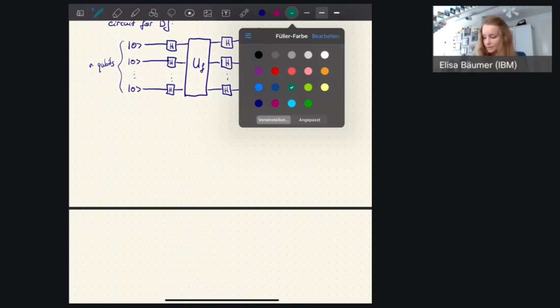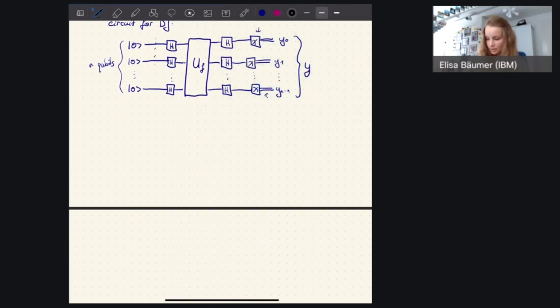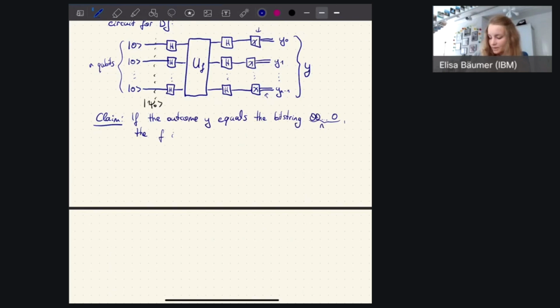So let's see what happens at the different stages. Initially, this is our state psi 0. And okay, let me very quickly give you the claim. The claim is that if the outcome y, so the final classical outcome of n bits, equals the bit string 0, 0, and so on, n zeros, so the 0-bit string, then f is constant.